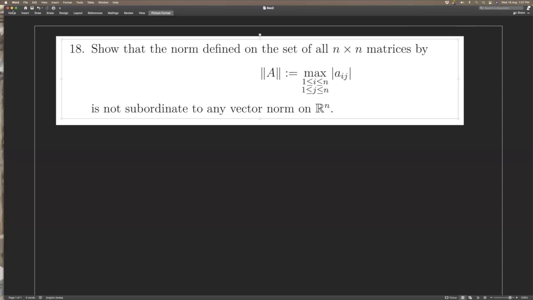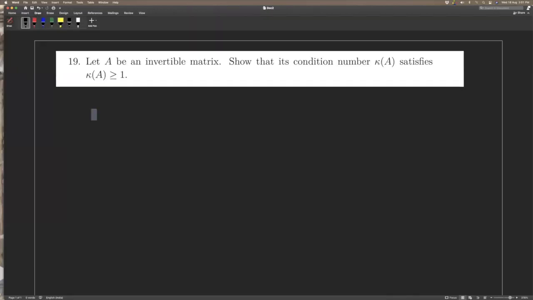For instance, you can take norm AB is less than or equal to norm A into norm B, right? So you can give some particular example of A and B and show that when you apply this norm to those matrices, the norm doesn't satisfy this property. I leave it to you to construct such examples. You can just stick with 2 by 2 matrices and do it.